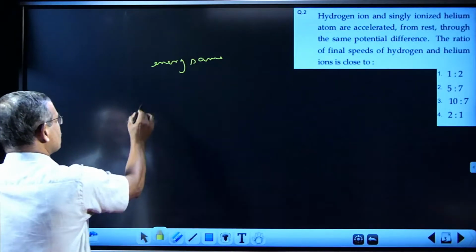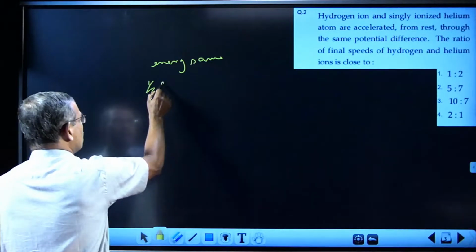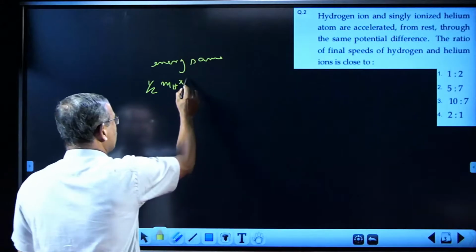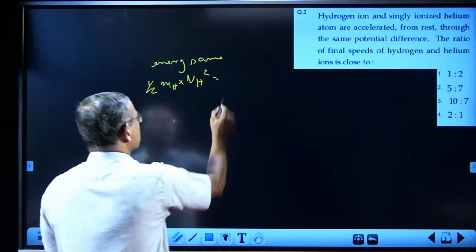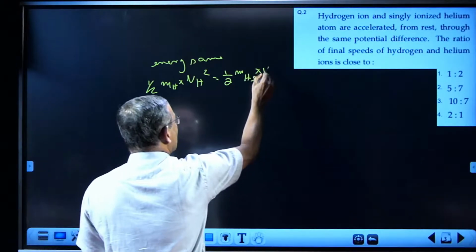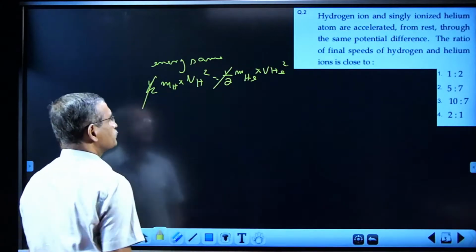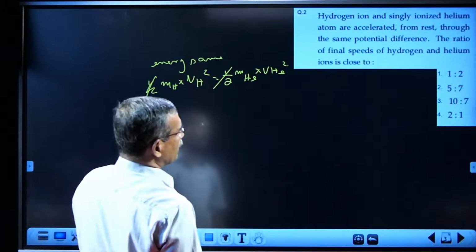Therefore, kinetic energy of hydrogen, half mass of hydrogen into velocity of hydrogen square, is equal to that of helium, half mass of helium into velocity of helium square. This will cancel out. And we have to get the speed of hydrogen to helium.